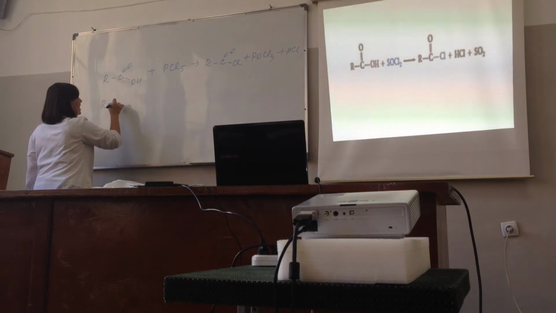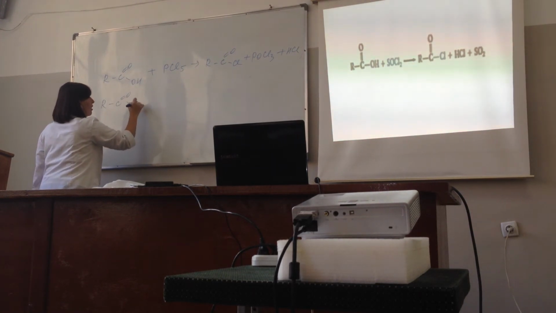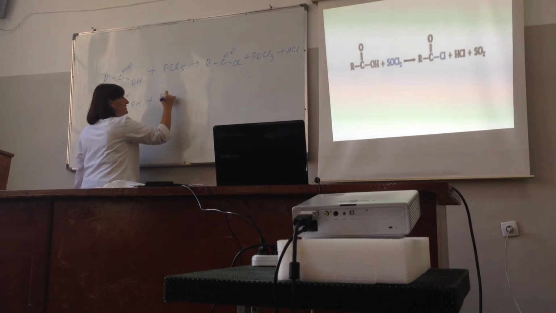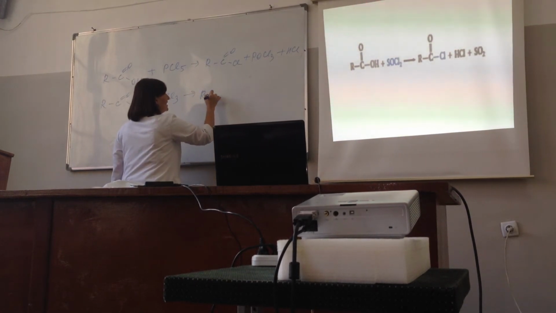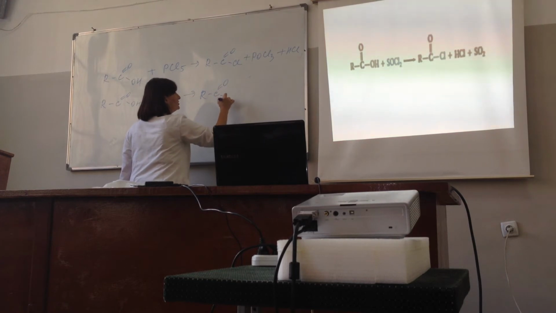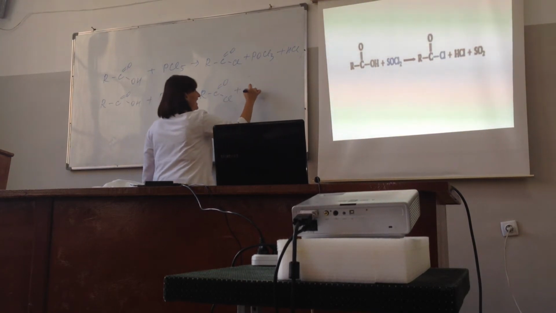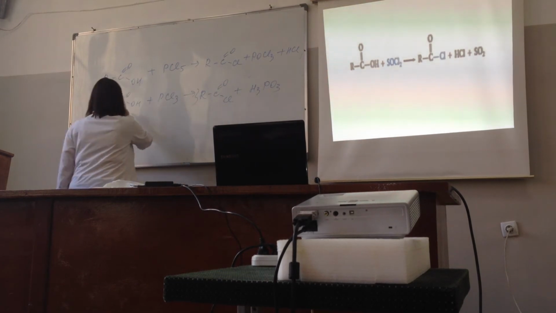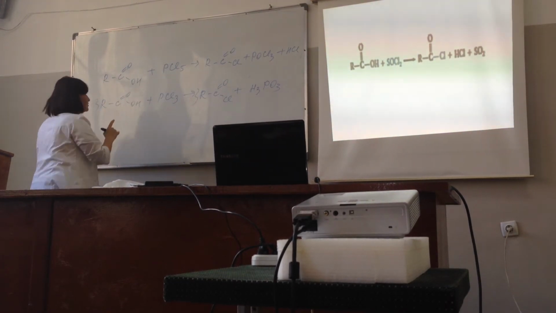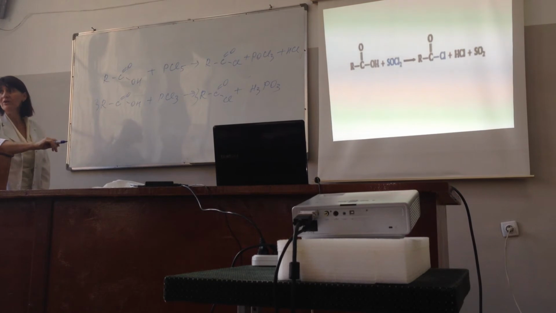Now, second one, RCOOH plus PCl3. Here you get RCOCl plus H3PO3 or phosphorous acid. And third one is reaction with thionyl chloride.